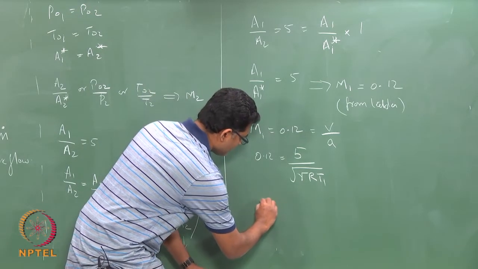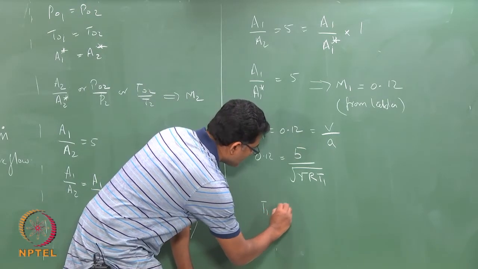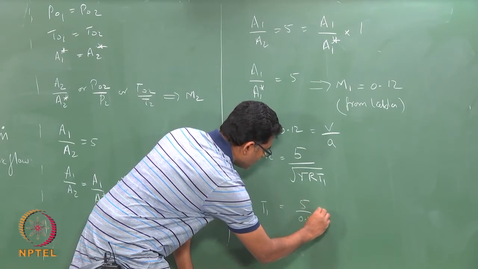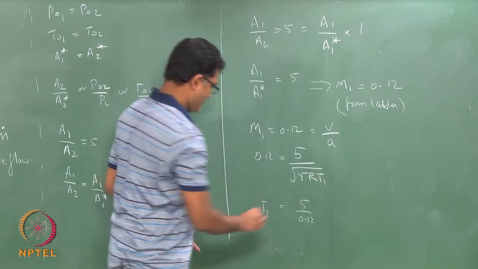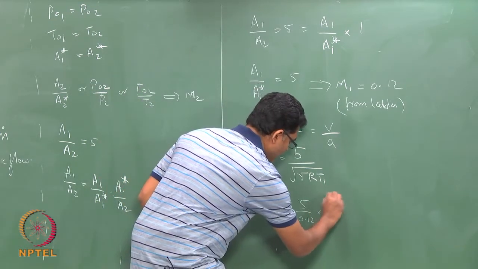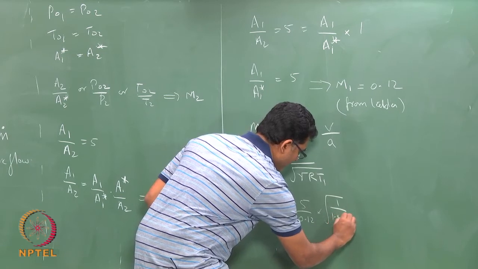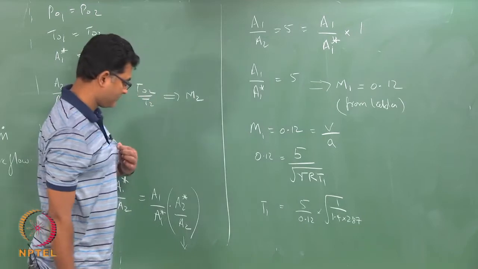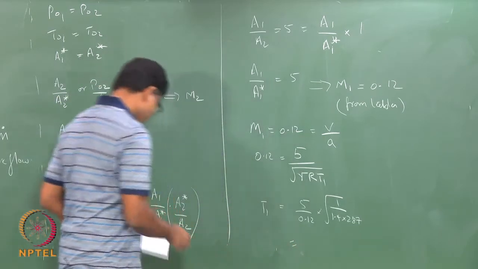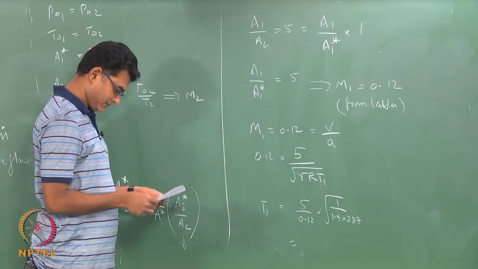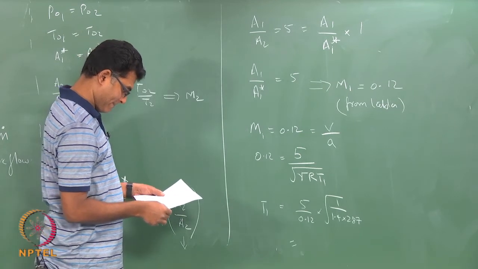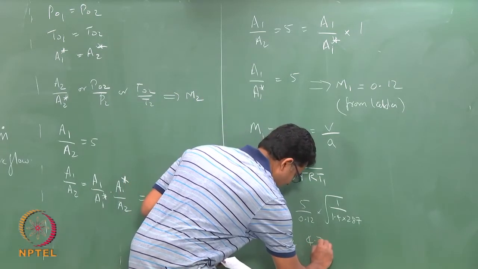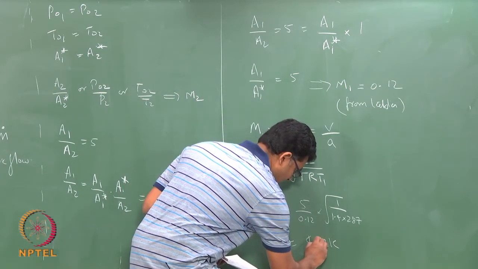So, I can get T1 as the square of 5 by 0.12 divided by 1.4 into 287 for air, which is approximately 4.32 Kelvin. Is this correct?